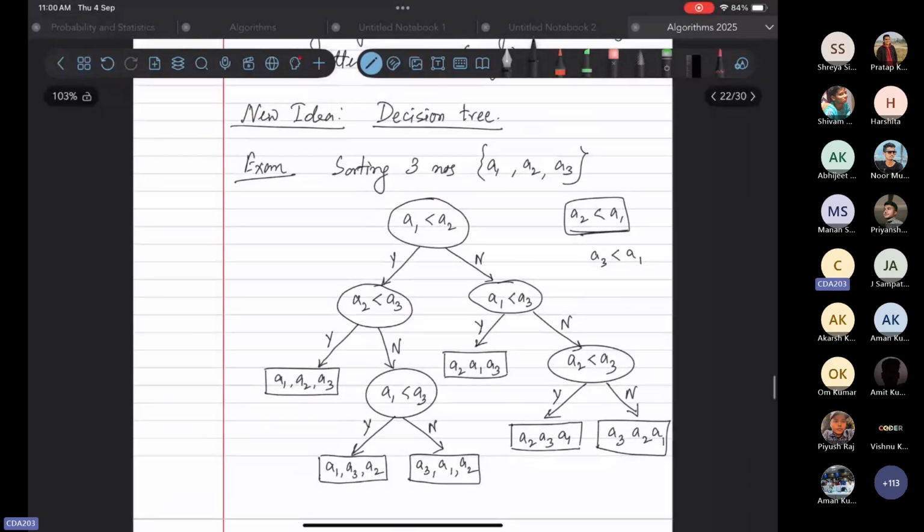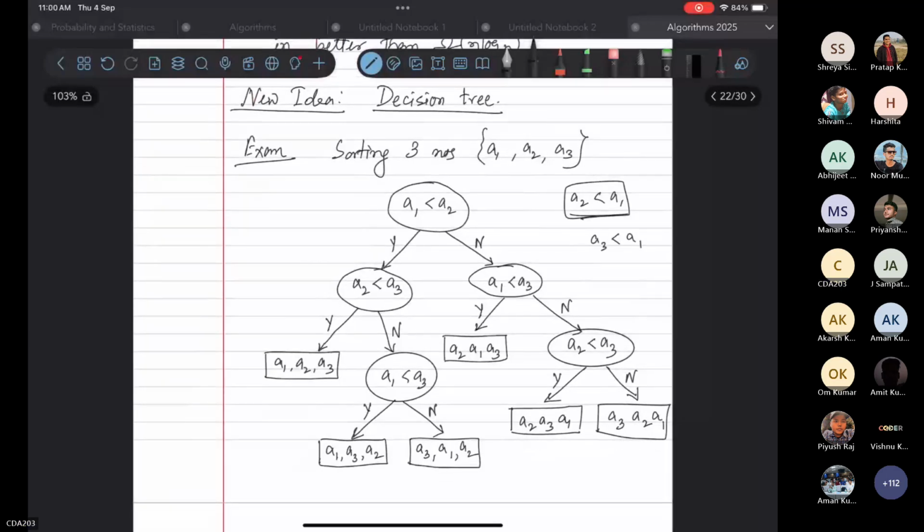So I'm looking at the problem of finding out the sorted order of three numbers. I'm representing it in terms of a tree, right?